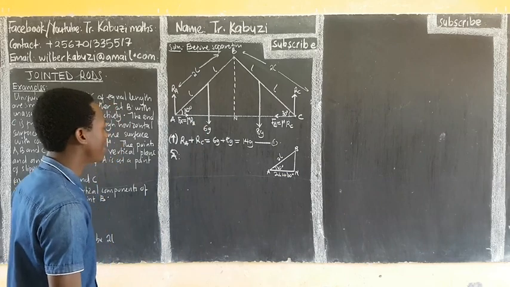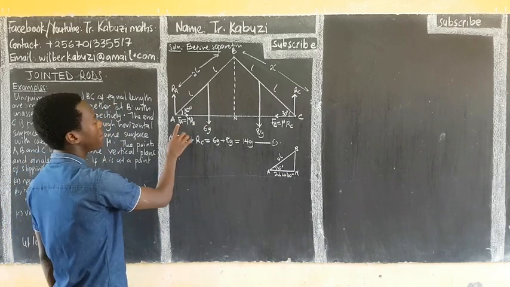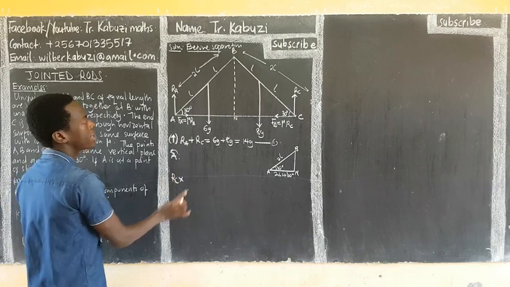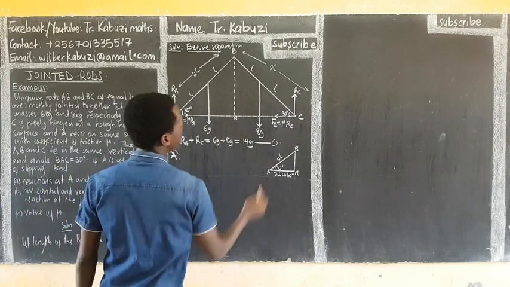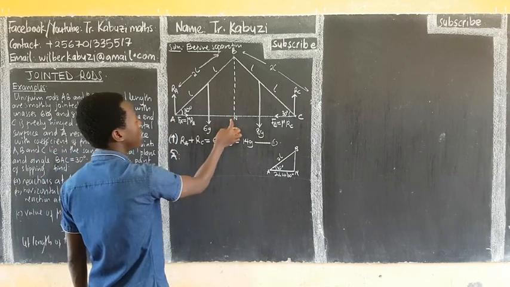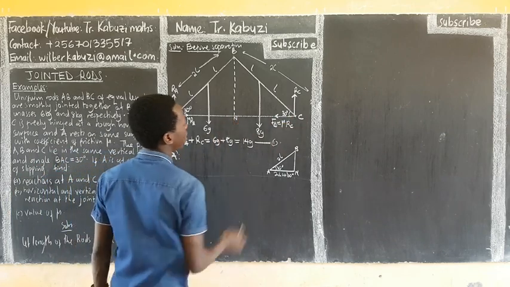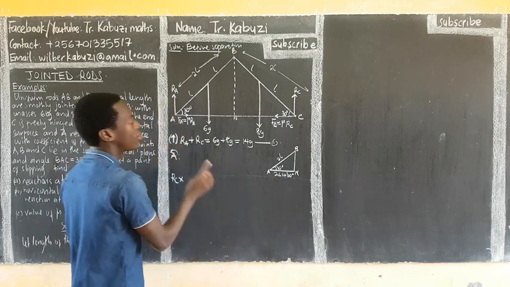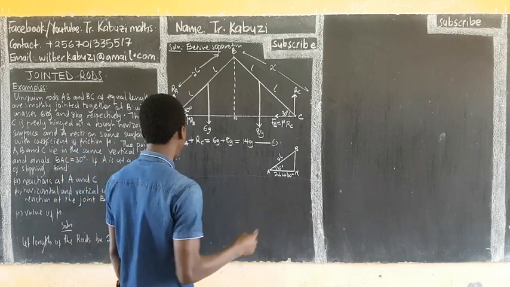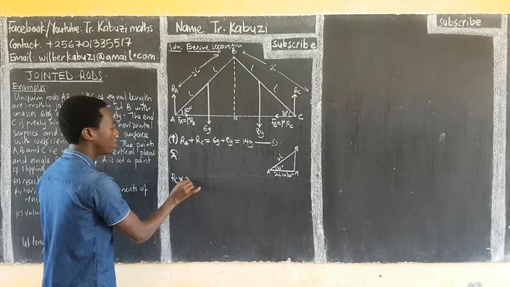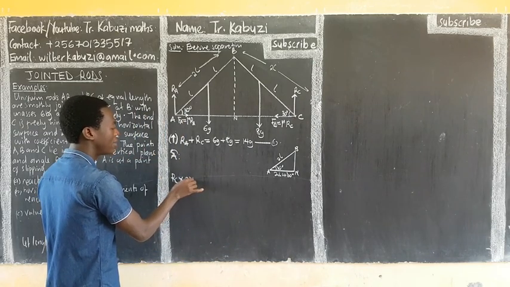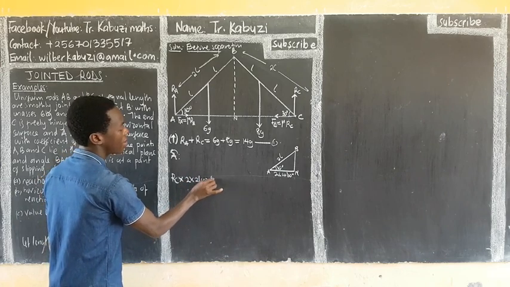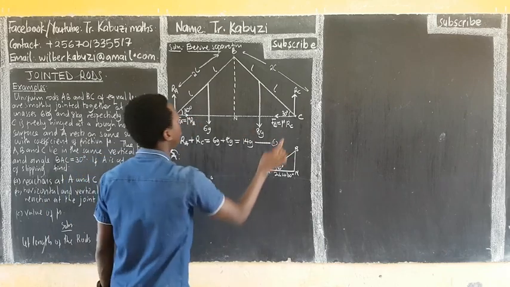As simple as that. Meaning, if I want to take moments at A, my RC times, remember that AN is the same as this. Because this is an isosceles triangle, I'm going to get this distance twice, so I multiply this distance 2 times: 2 times 2L cos 30 degrees. That is the distance from here up to here.